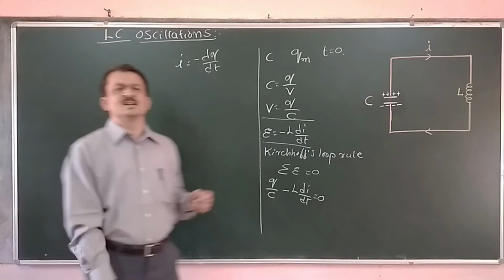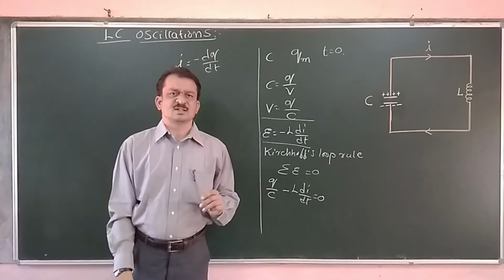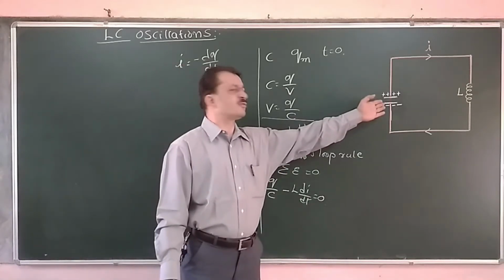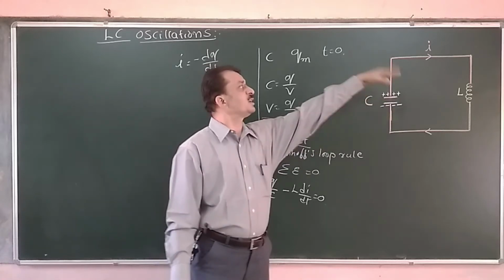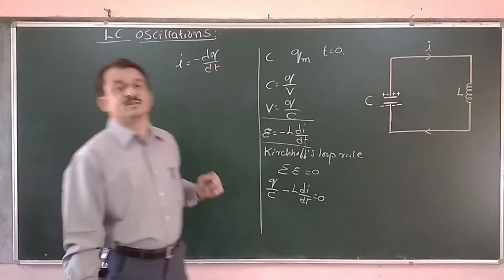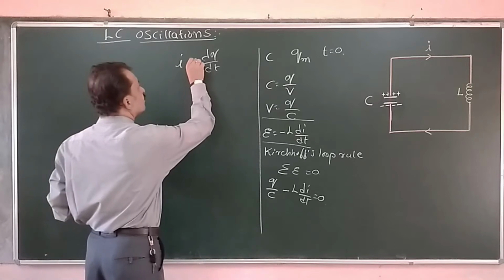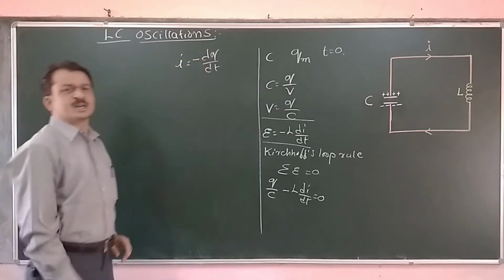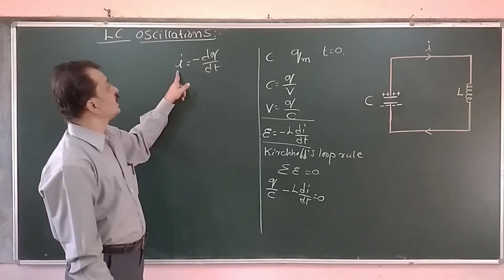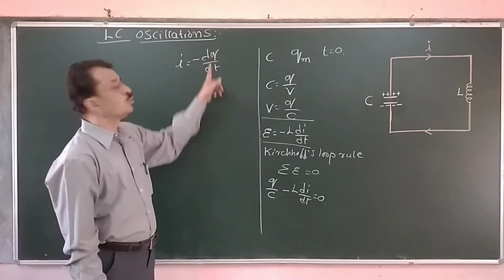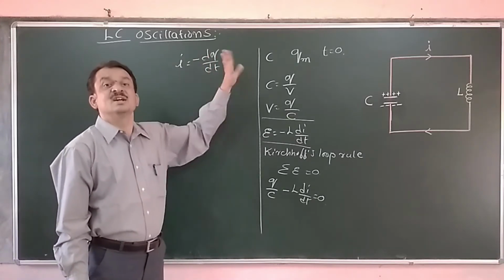We know that current is the rate of flow of charges. Since the number of charges is decreasing, correspondingly the current is increasing. Therefore, we use a negative sign: current I is equal to minus dq by dt, because charge is decreasing.